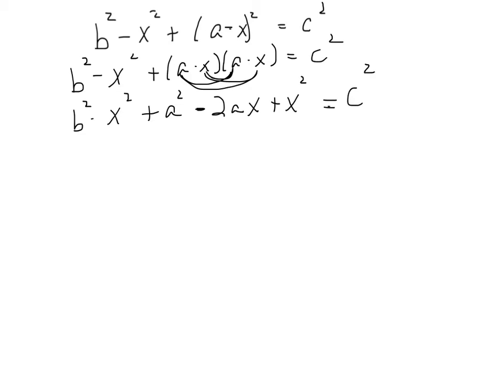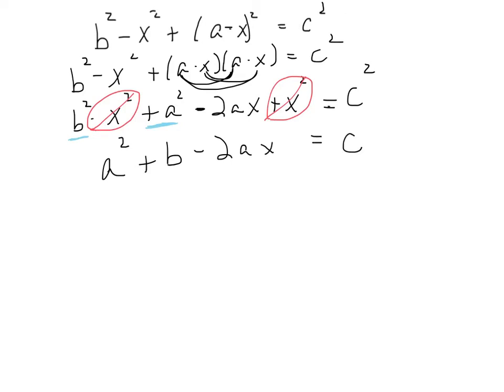Now, what I have here is a negative x squared and a positive x squared, which are going to go away. So rearranging my terms just a little bit, I have a squared plus b squared from these two terms here minus 2ax equals c squared. Now you can see that this kind of looks like the Pythagorean theorem.